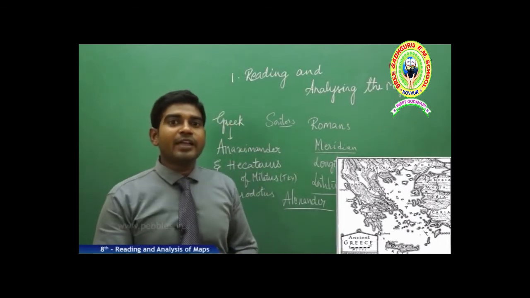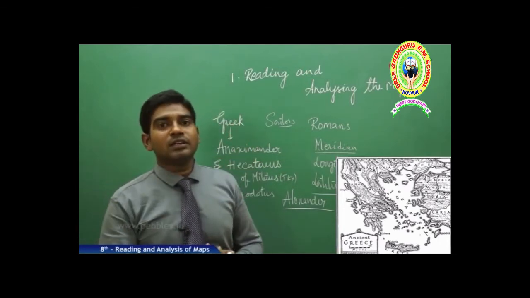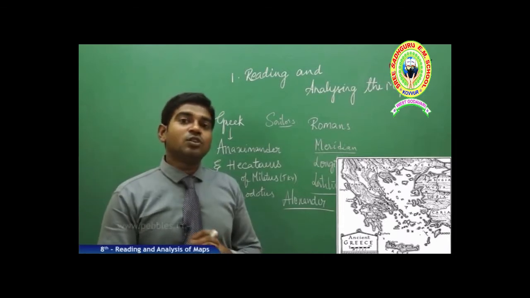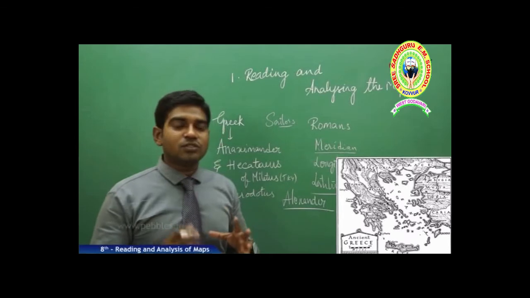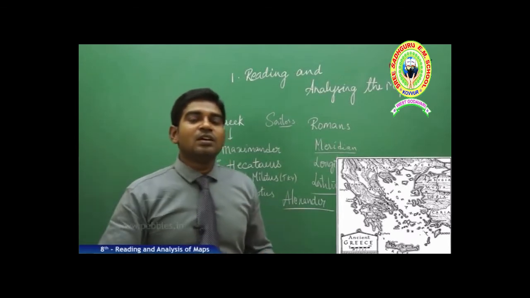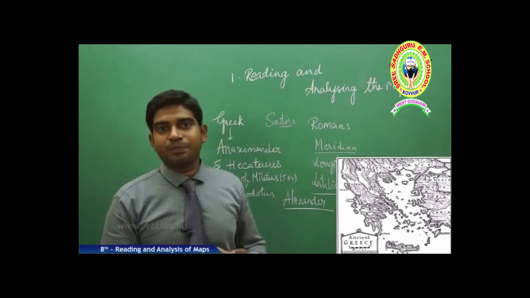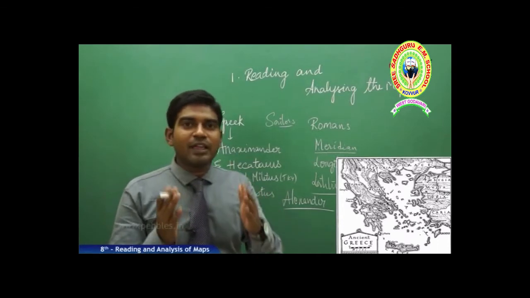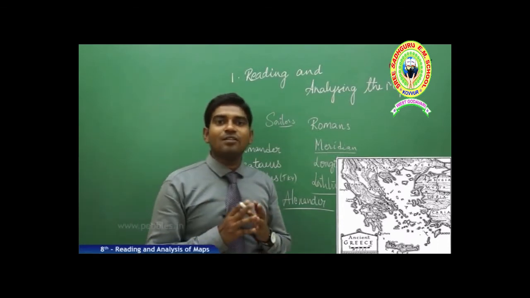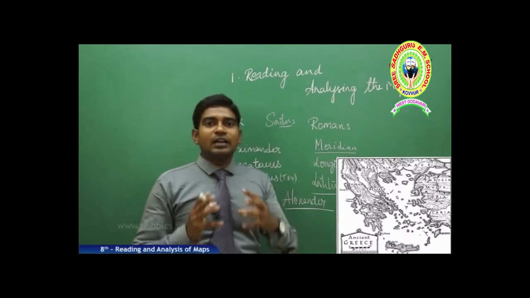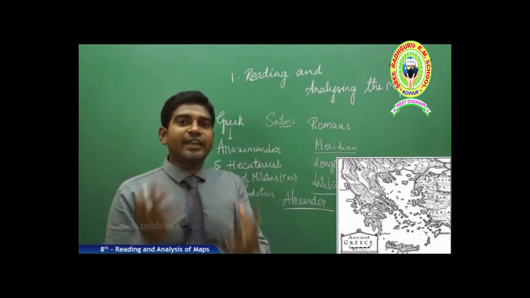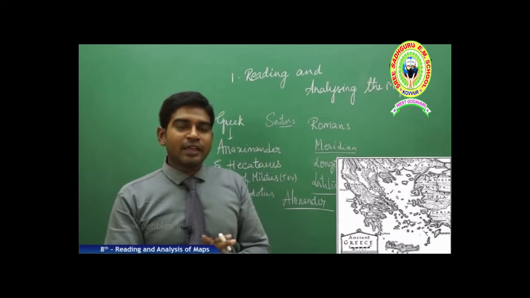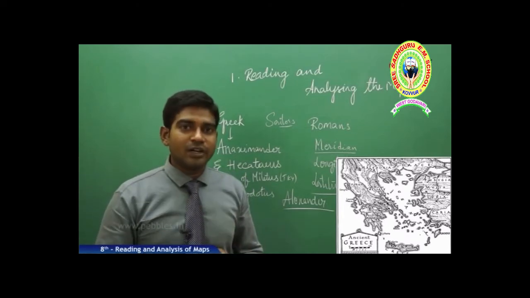So he came to India 2300 years ago, in the 3rd century BC itself. During that period itself, the Greeks possessed the idea of the locations of various other places which were not familiar to other people. So from this it is very clear that from the ancient period we have had knowledge of different places, different locations and different extents of the land masses in different parts of the world.